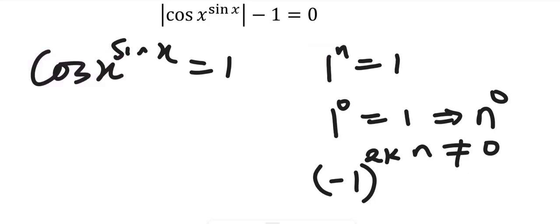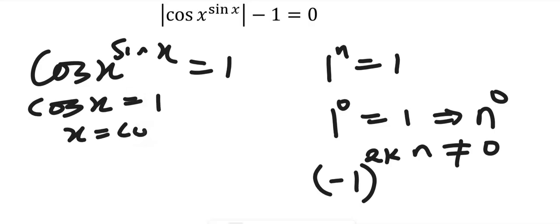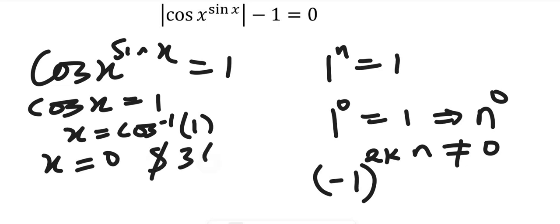If the base is equal to 1, therefore cos x equals 1, x is cos inverse of 1, x is 0 and 360. Sorry, I forgot to state the range of my solutions.